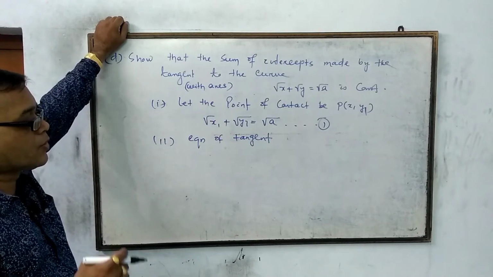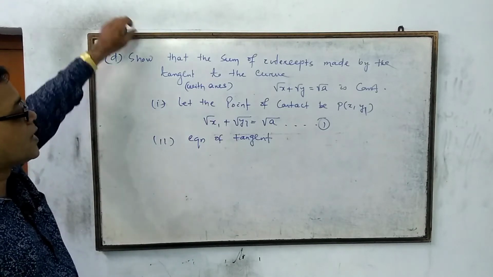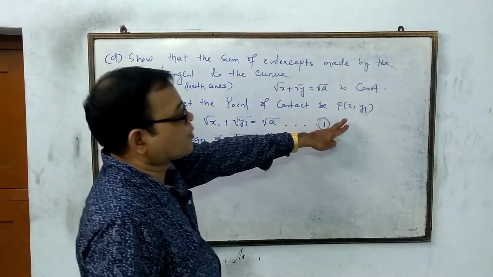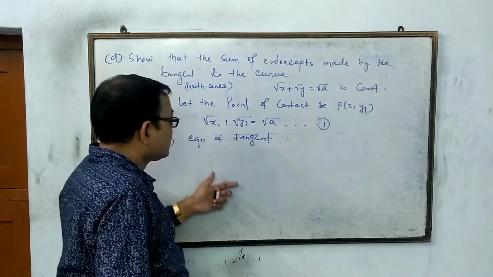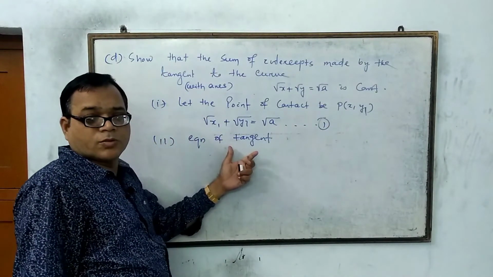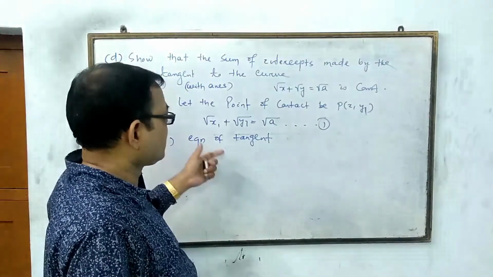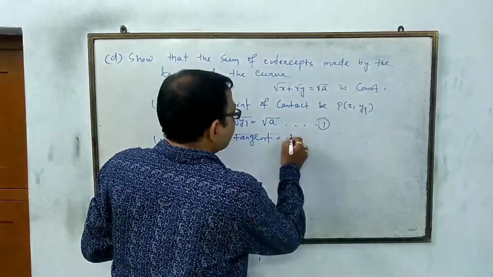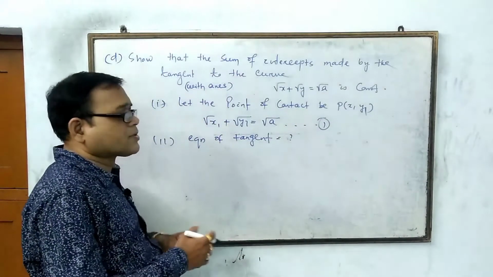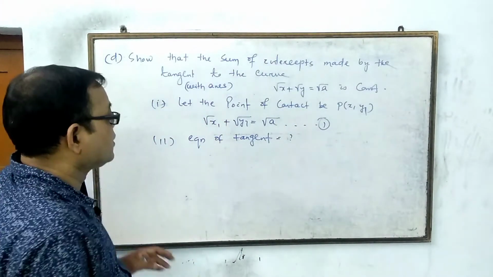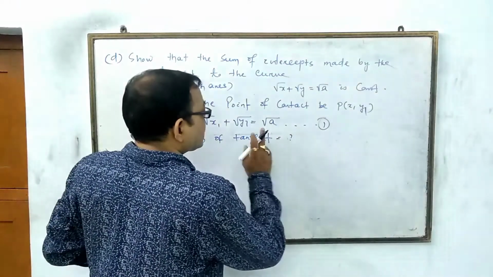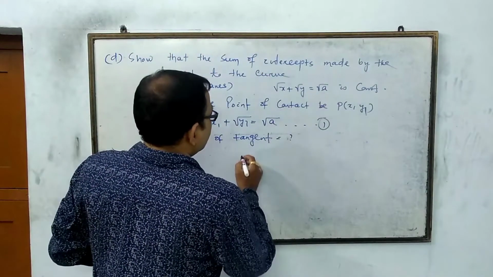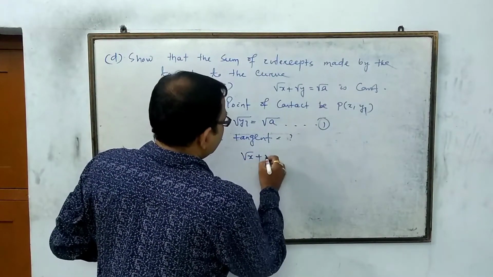What you have to remember is that at first you have to take the point of contact. Then for the equation of tangent, what you require? Certainly derivative is required because slope is required. So for getting the equation of tangent, we have to take the differentiation of this equation.